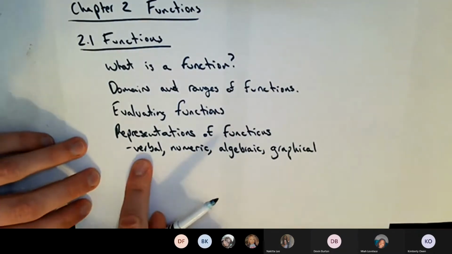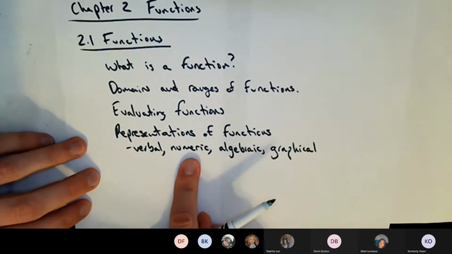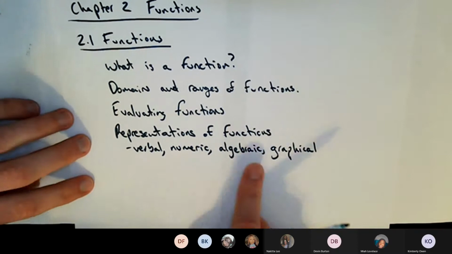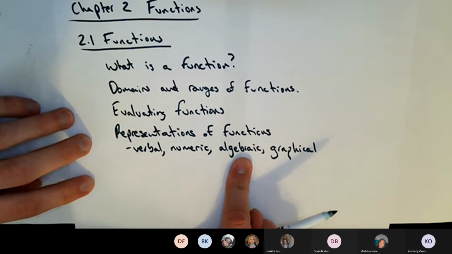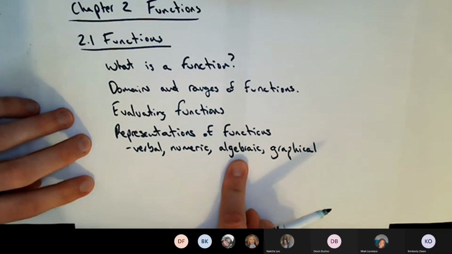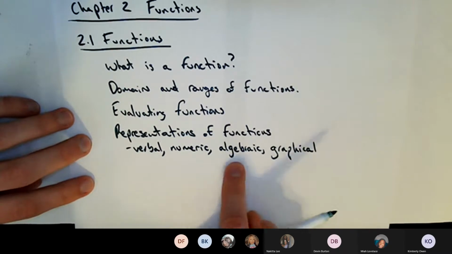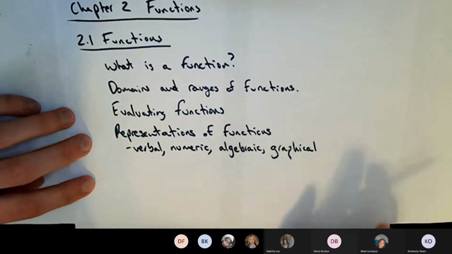So saying what the function does, making a table of values for some explicit inputs and outputs of the function, writing down the algebraic form of the function, which is going to be the main way we deal with functions, and then also graphical, going from these ideas to a graphical representation.